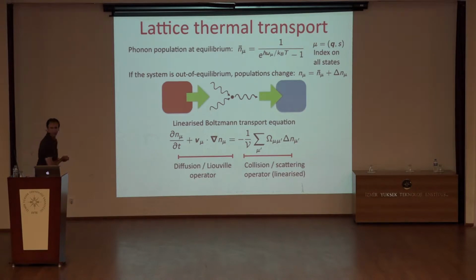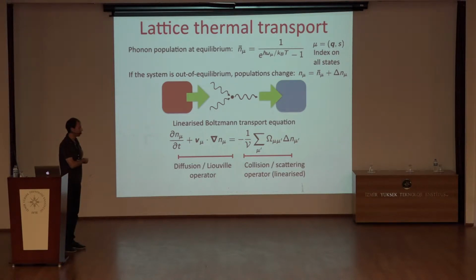Also, to make a point with the previous talk, this equation is irreversible in time. If you reverse the time coordinate, the system does not go back to the point where it started from.